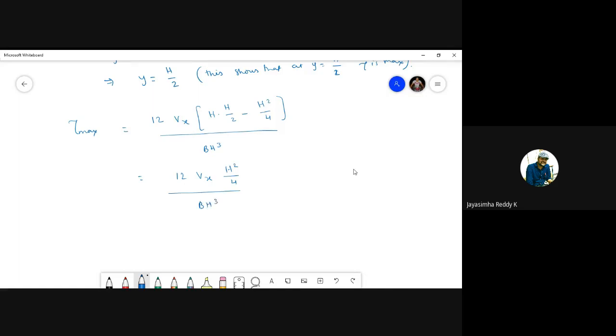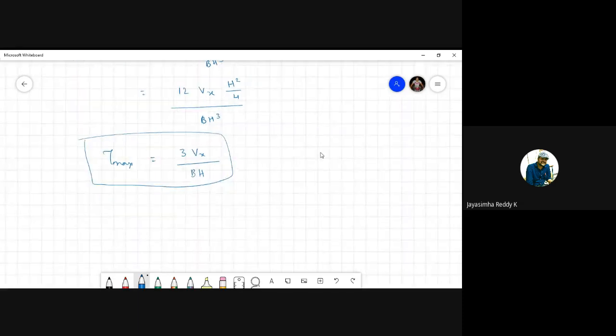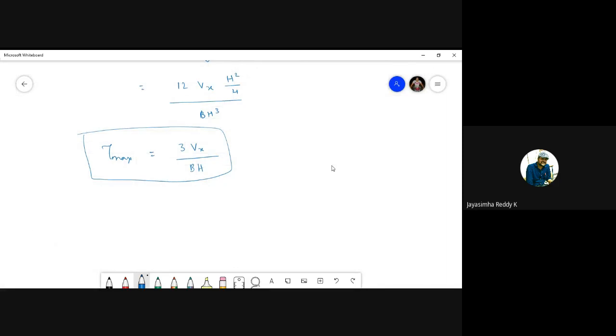If you further simplify this, students, h and h square and h cubed will cancel. So tau max will be 3 into Vx by bh. So this will remain for us, students. Okay, is it clear? So tau max for triangular cross section is 3 into Vx by bh.